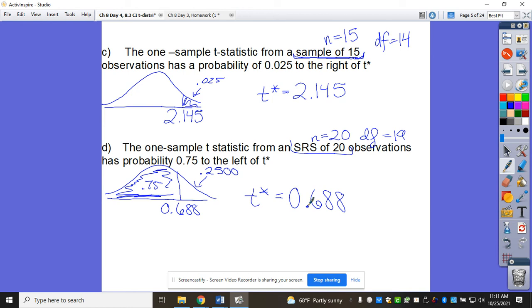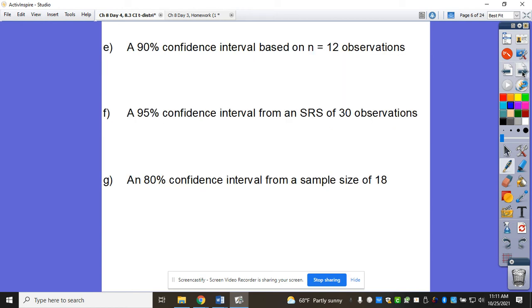So I'm going to switch to the next slide. Your C is 2.145. Your D should be 0.688. So D should be pretty easy. You just find degrees of freedom, and then your confidence levels are at the bottom, which is how it's going to be this chapter.